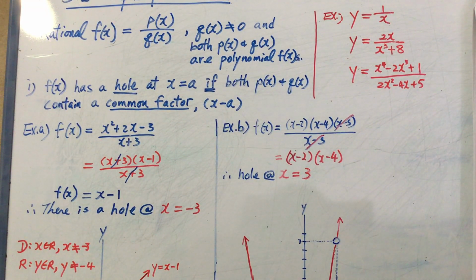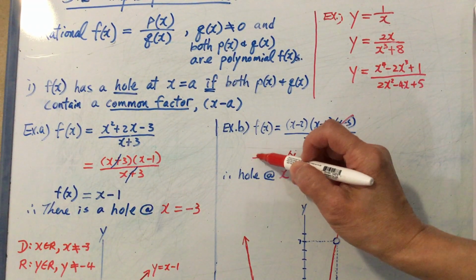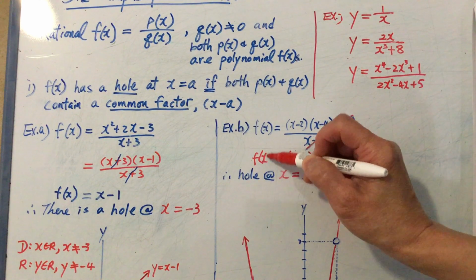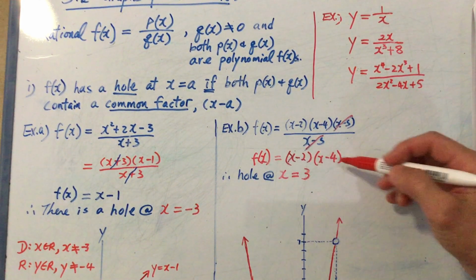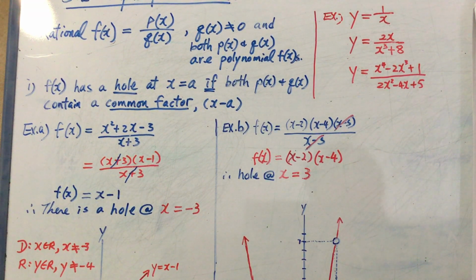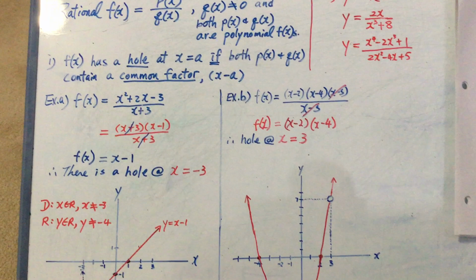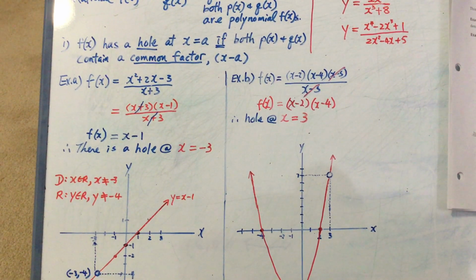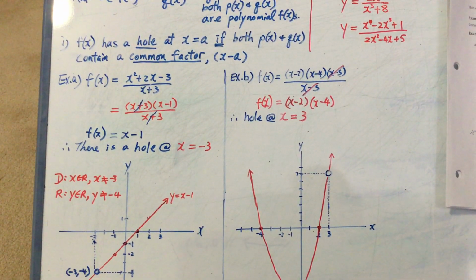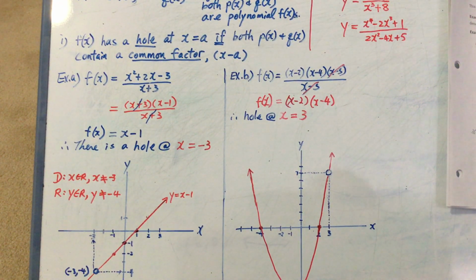Okay? So what are we going to graph now? This function, after we simplify everything, ended up being a quadratic. Oh, sorry. Did I write the question wrong here?